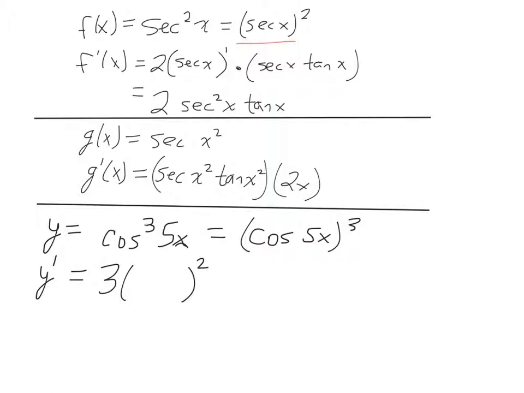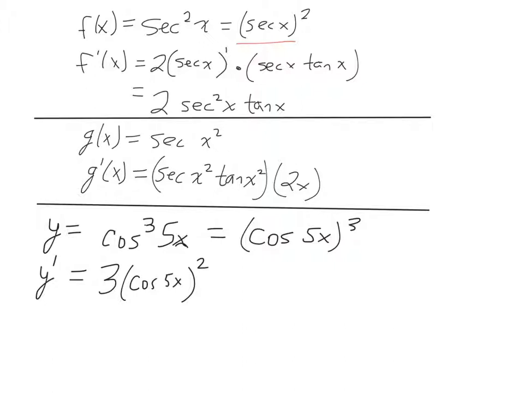There's my power rule. Whatever's in there, I leave it alone, so I can plug it back in there. So instead of x cubed giving 3x squared, it's not x cubed, it's cosine 5x cubed. So it's 3 times cosine 5x squared. Okay, so there's the first part.